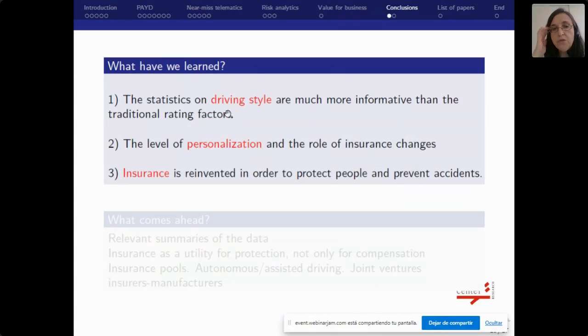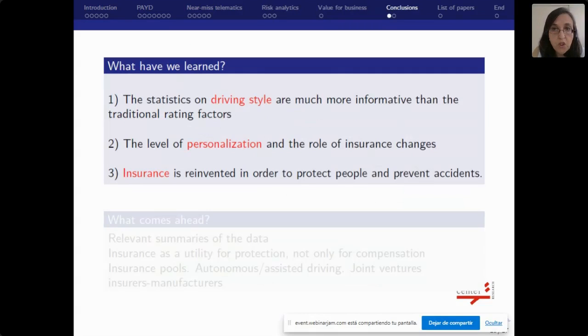Those rating factors are, well, our age, our zone, the type of car. But if you introduce this information about style coming from telematics data, we get much more informative, and predictive modeling becomes much richer. The level of personalization in insurance has changed a lot.